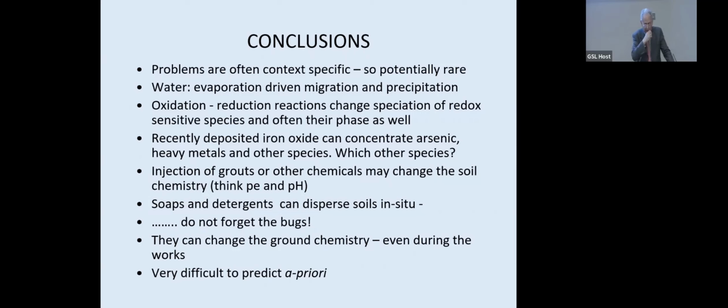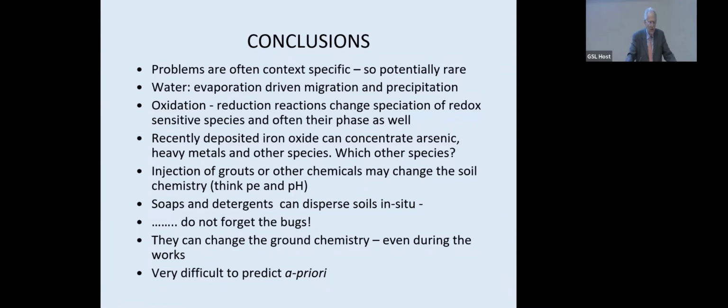And iron oxide can concentrate. Injection of grouts or chemicals, you're more likely, except for cement, to change Eh than pH. Soaps and detergents, well, we don't often meet problems, but those particular laterite soils are incredibly sensitive. And I've had that problem with laterites a couple of times.